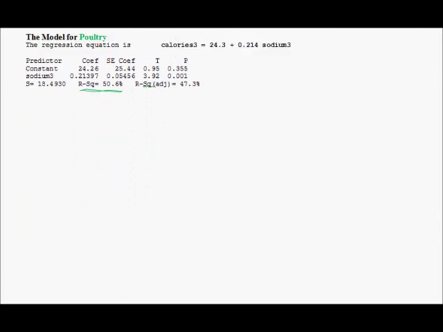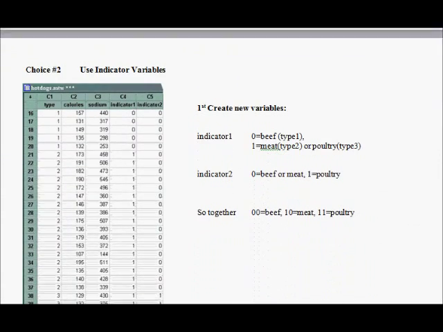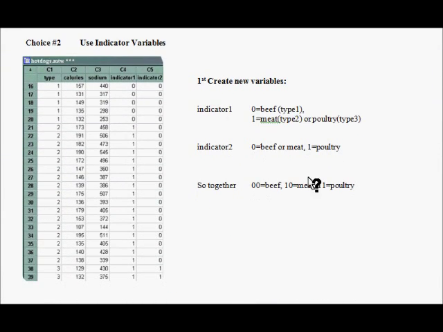The other way to handle categorical variables, the better way, is to use indicator variables. So what you have to do is take your original categories and change them to zeros and ones.